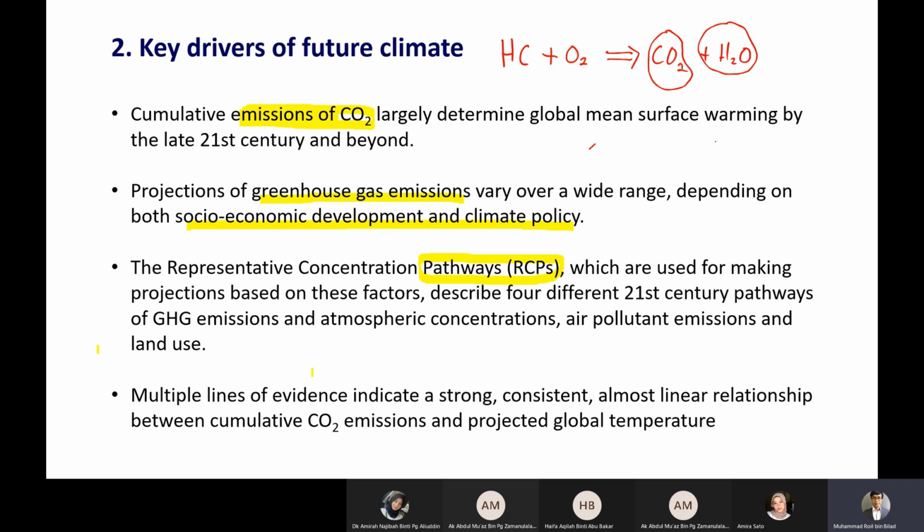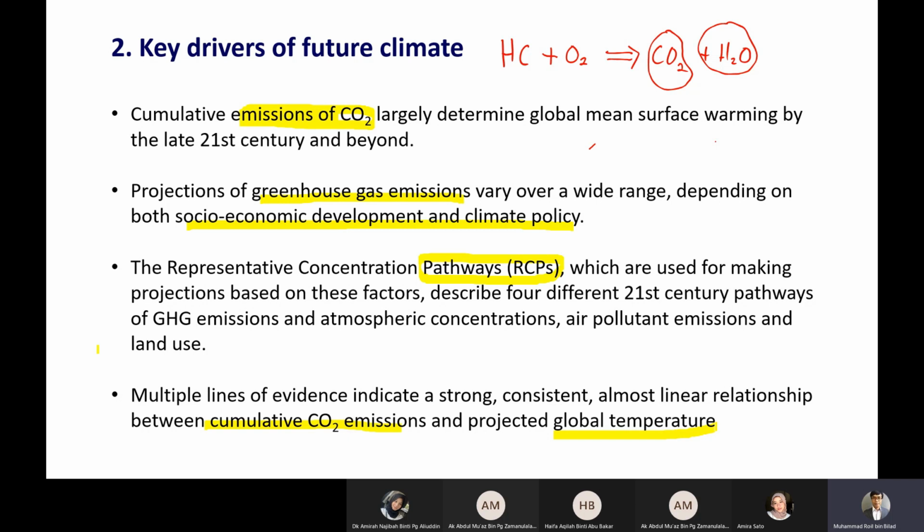One of the most important facts is that the accumulation of CO2 corresponds to the increase in global temperature. Layman means the one who is not knowledgeable.